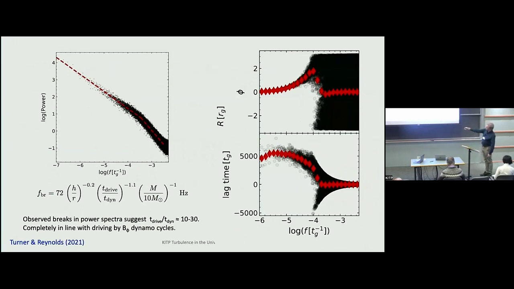So we can just read off what the break frequency is. We find basically the drive timescale in the break frequency, and comparing to observed breaks, we get T drive over T dynamical of about 10 to 30, which is in the right range for those dynamo cycles.